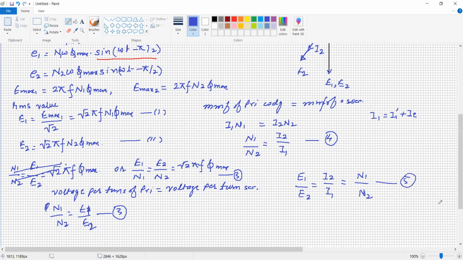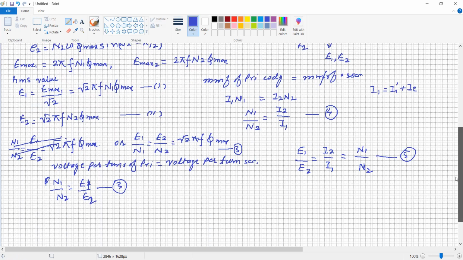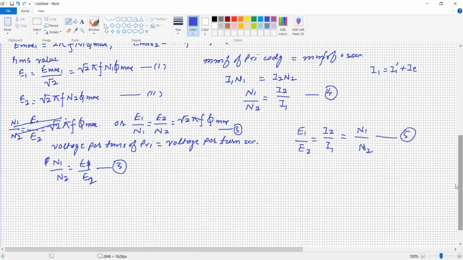From this equation, if you replace E1 and E2 by the terminal voltages, we can write V1 upon V2 is equal to I2 upon I1 is equal to N1 upon N2, or we can write V1 I1 is equal to V2 I2. So what is V1 I1? It is the volt ampere.